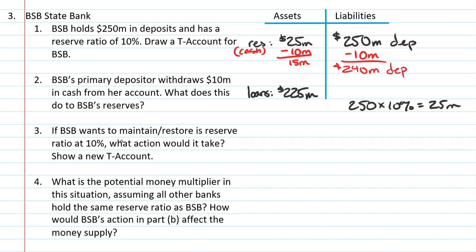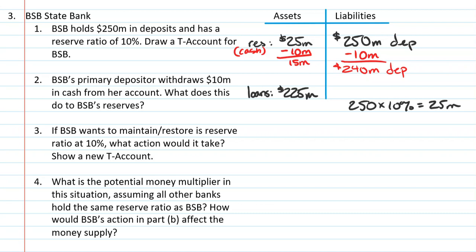If BSB wants to maintain or restore its reserve ratio at 10%, what action should it take? Again, I'm not going to show a new T account here, but we can continue to manipulate this T account in a couple different ways.